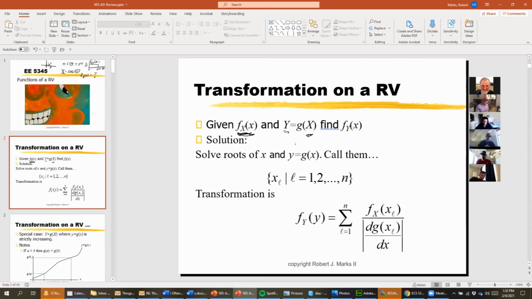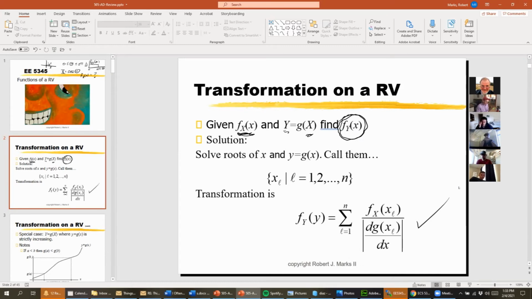It could be the cosine, the sine, the tangent. It could be the squaring value. It could be any function that you want. The question is, what is the distribution of Y when you do that? And the way you do it is solve the roots of X, where Y is equal to g of X, call the roots this, and then this is the transformation. Again, that probably looks like gobbledygook to you.